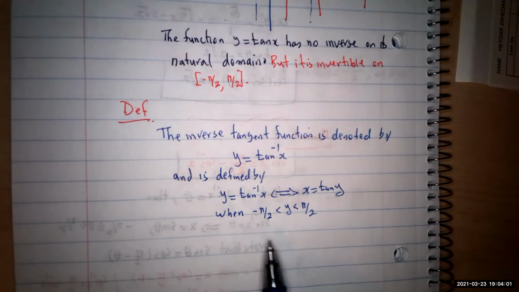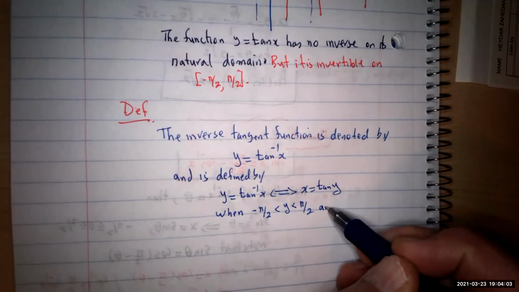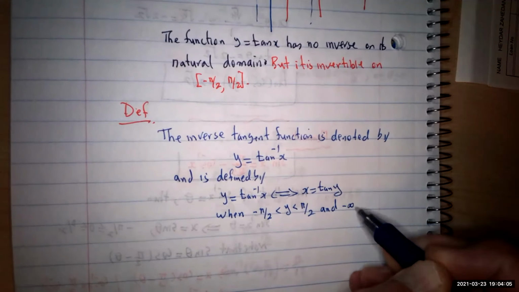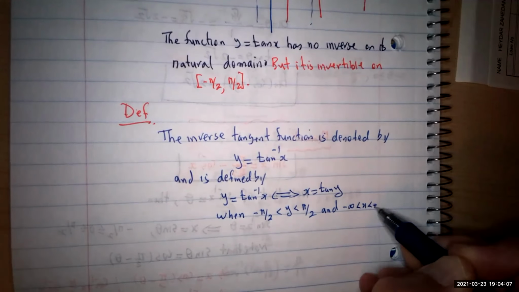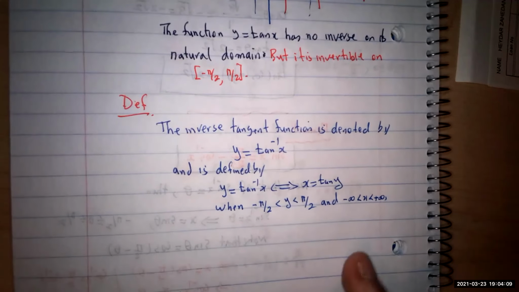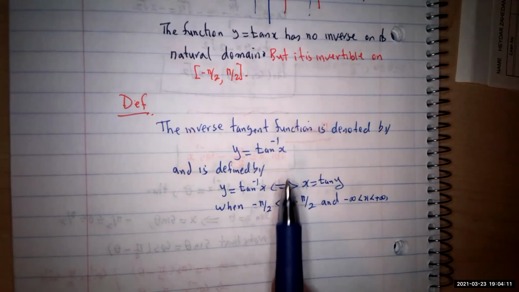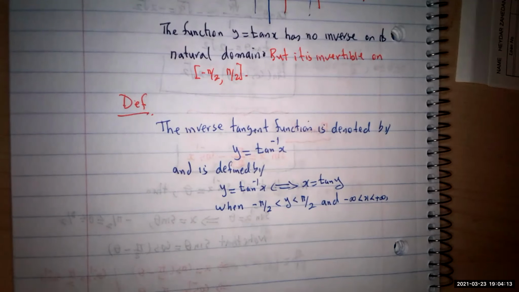But the crucial part is your x would be between negative infinity and positive infinity. So this means the domain of the tangent inverse is all real numbers. That's why they like it in science, because there is no restriction on the domain.